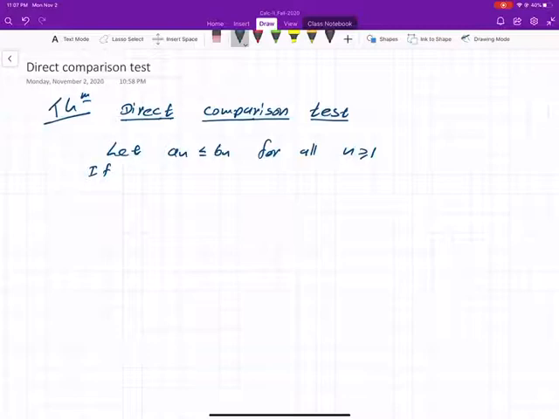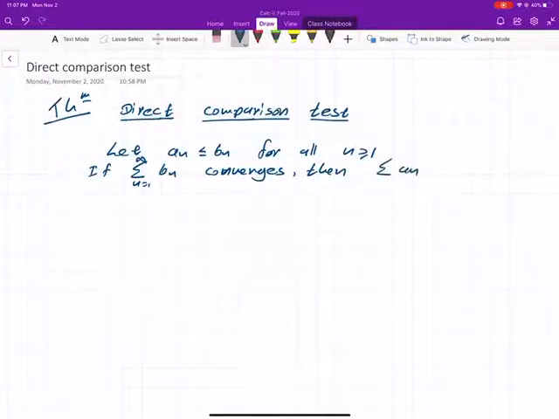If sigma bn, n goes from 1 to infinity, converges, then sigma an, n goes from 1 to infinity, converges. Okay, that's the part A of the direct comparison test.